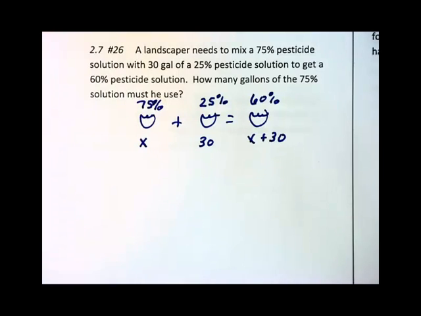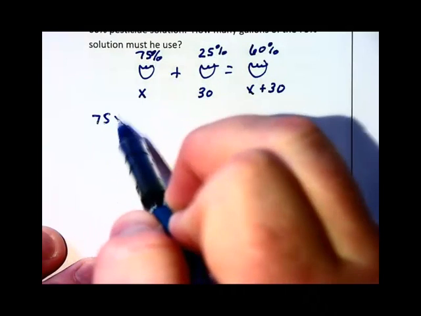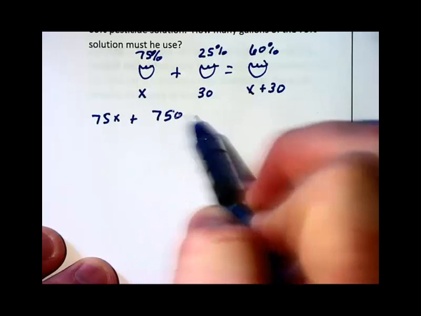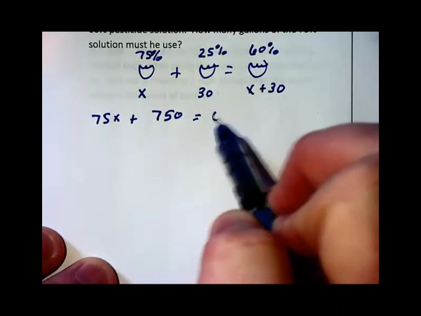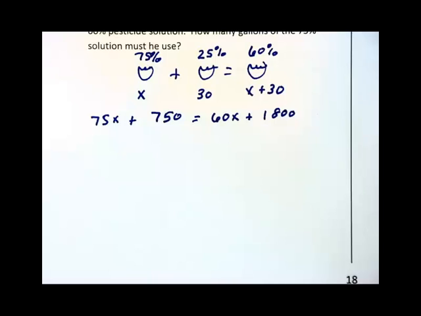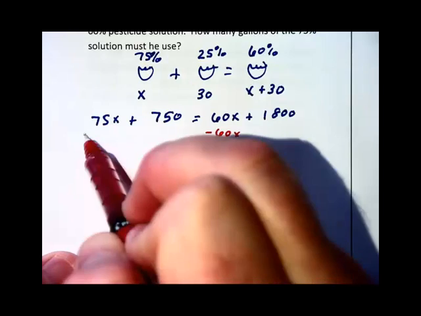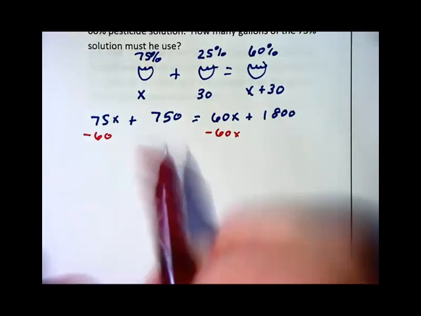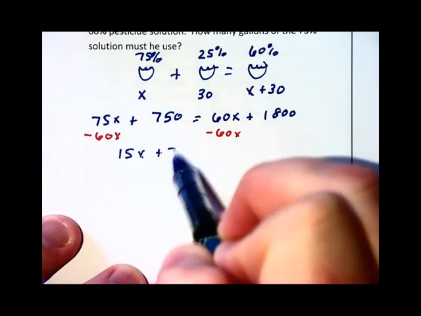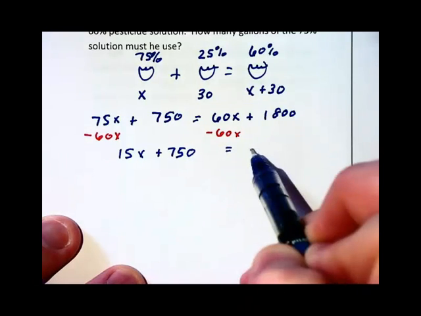So again, top times bottom, that will become 75x, plus top times bottom, 25 times 30 is 750, equals top times bottom, 60x plus 1,800. I did the distribution automatically there. Now I'm going to subtract 60x on each side, and that will give us 15x plus 750 is equal to 1,800 on the right.